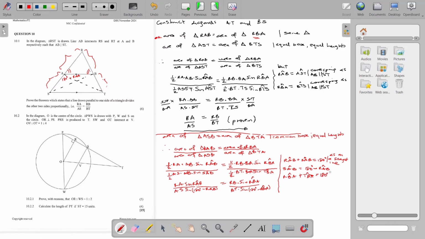The reason: these are angles on a straight line. So we can conclude that the angle TBA is equal to 180 degrees minus the angle RBA.